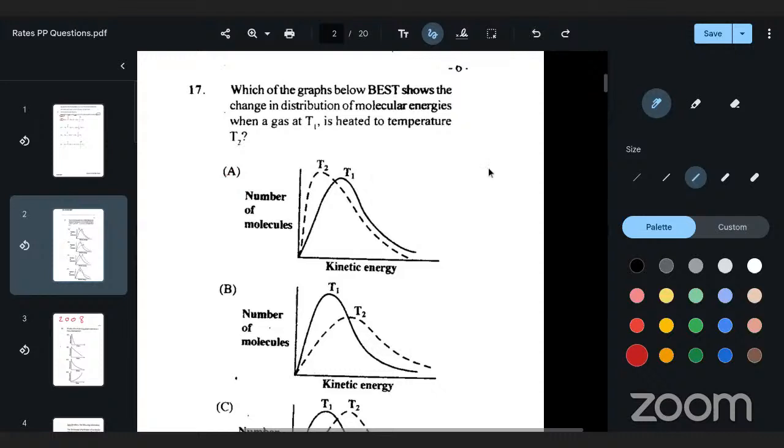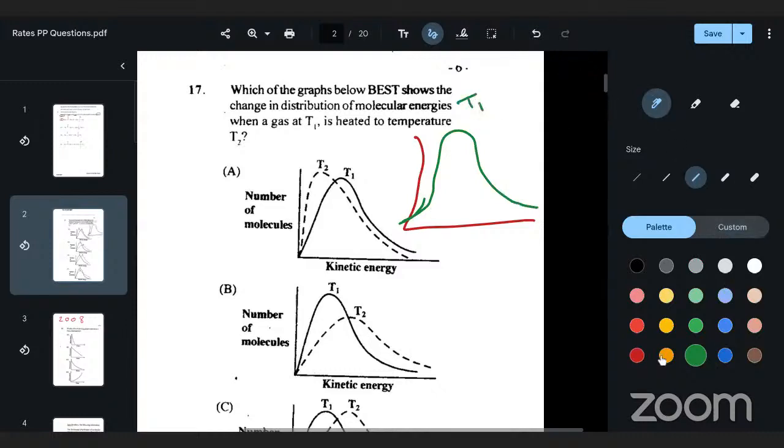All right. So first things, when we're doing this type of graph, this would be T1.